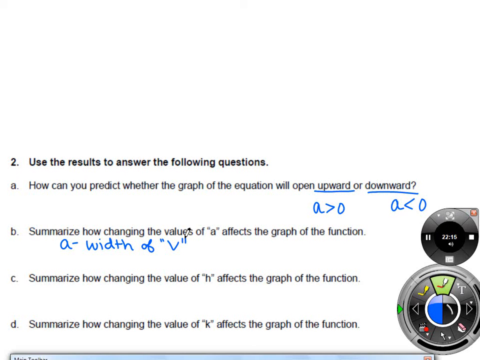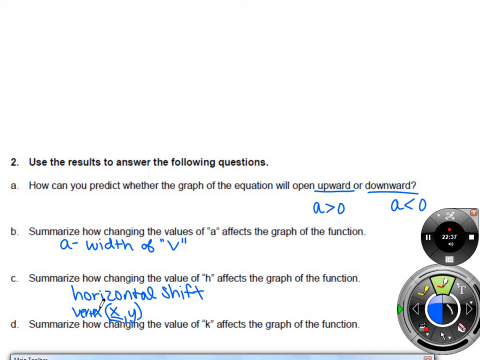What did it do? Good. Okay, so this is a horizontal shift. It basically really affects the x-coordinate in your vertex, right? It's shifting the whole graph either to the left or to the right.